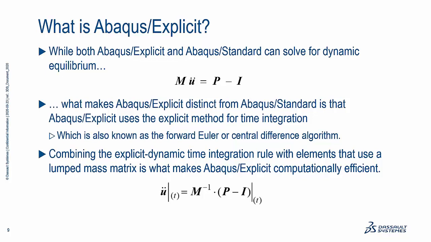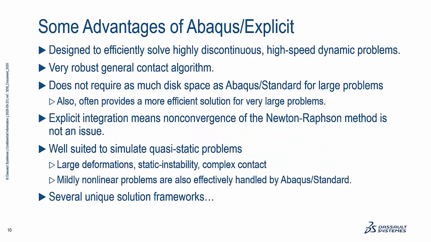So Abaqus Explicit in particular, and explicit dynamic methodologies in general, are designed to solve very highly discontinuous, high-speed dynamic problems, typically problems that have massive changes in the contact configuration between contacting bodies throughout the analysis.